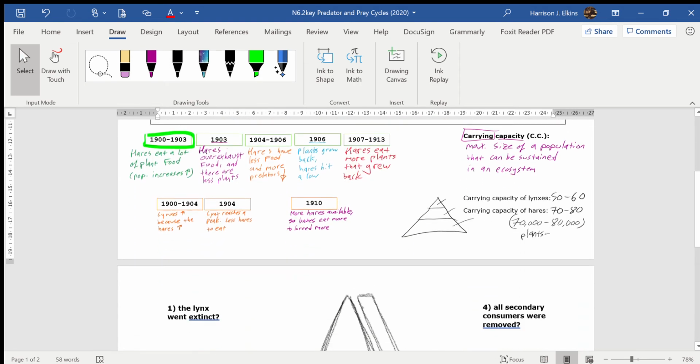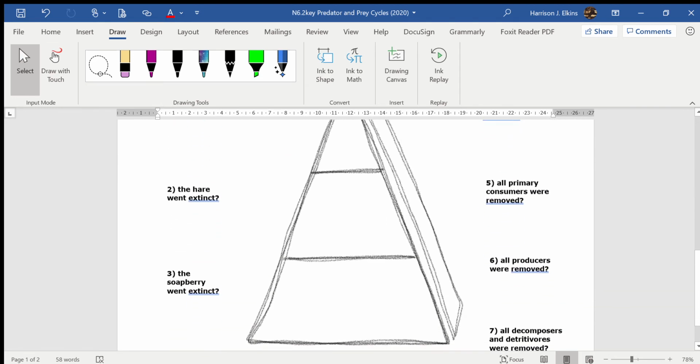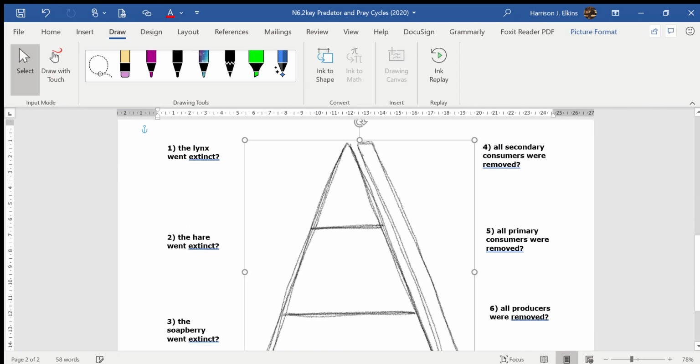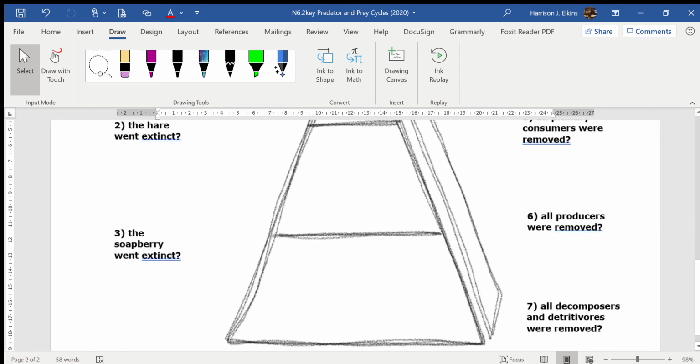All right, let's look at this pyramid a little bit more in detail. So if we scroll down to the back page, we can look at this pyramid that shows us this ecosystem. Okay, so this is a pyramid where we can represent the food web.